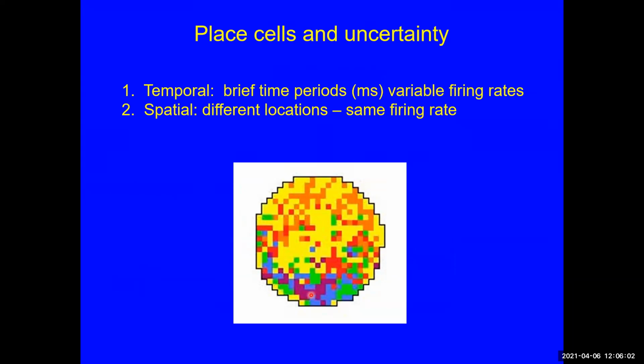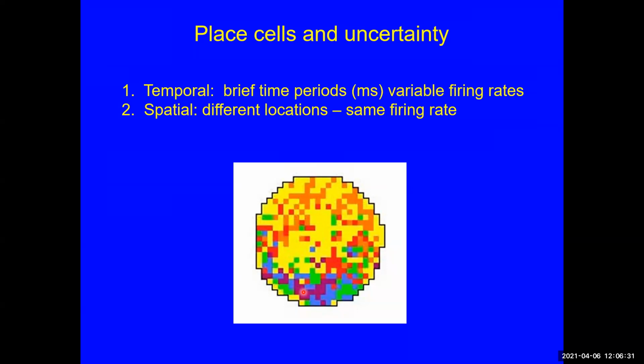So if you were reading out the activity of one cell and you knew that it fired 10 action potentials in the last second, you can't say for sure that the rat is here or here or here. It may be unlikely to be where the yellow is, but those few action potentials in that short period of time isn't enough to give you a clear answer to the question of where is the rat.